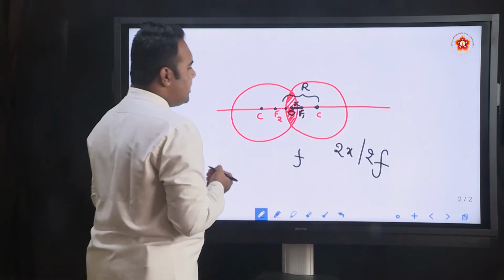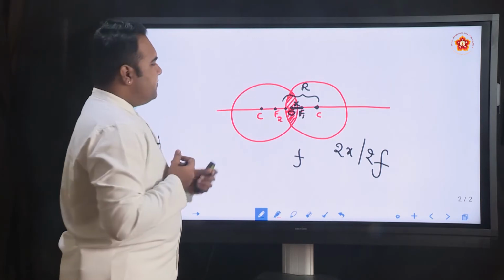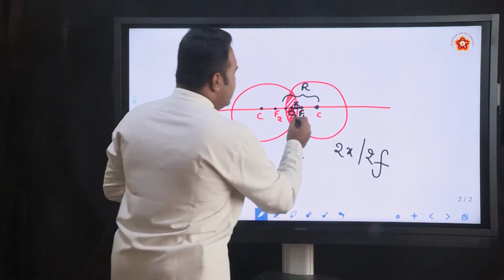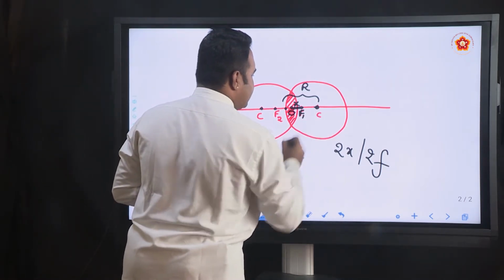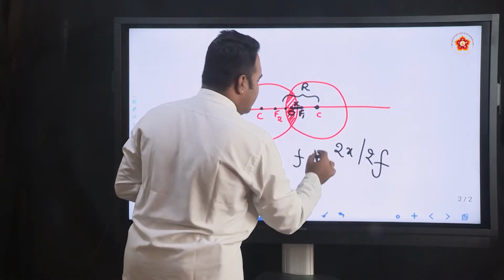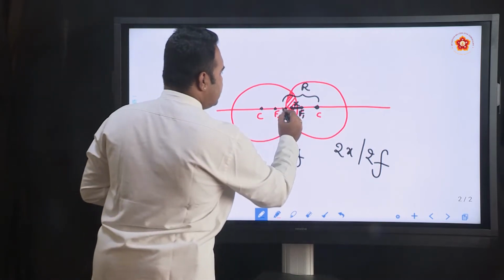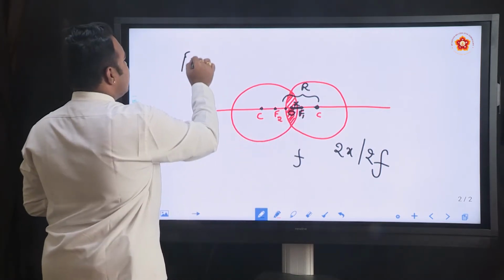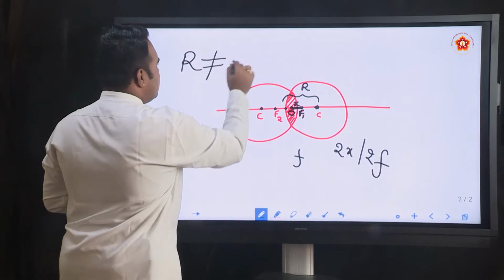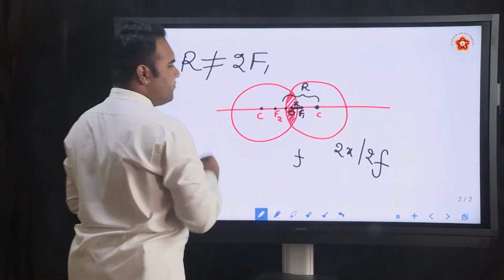For example, in your higher studies you will be learning about the aperture of a lens and different such things. Therefore, this point C that we mark need not coincide with twice the distance 2F1 or 2F2.